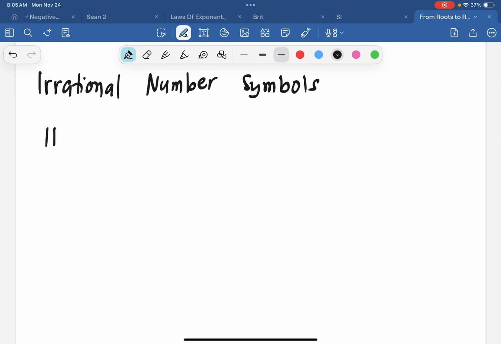We have the pi. This is the ratio of a circle's circumference to its diameter. For pi, we know that the approximate value is 3.14. But to write the complete set of numbers, it goes to infinity and there's actually no pattern.